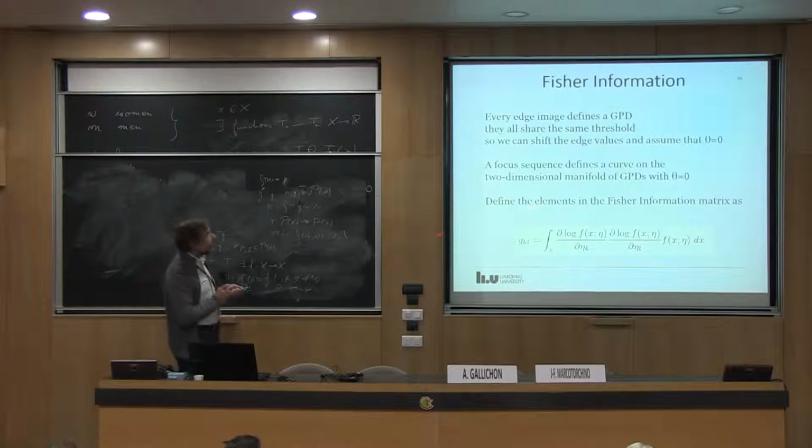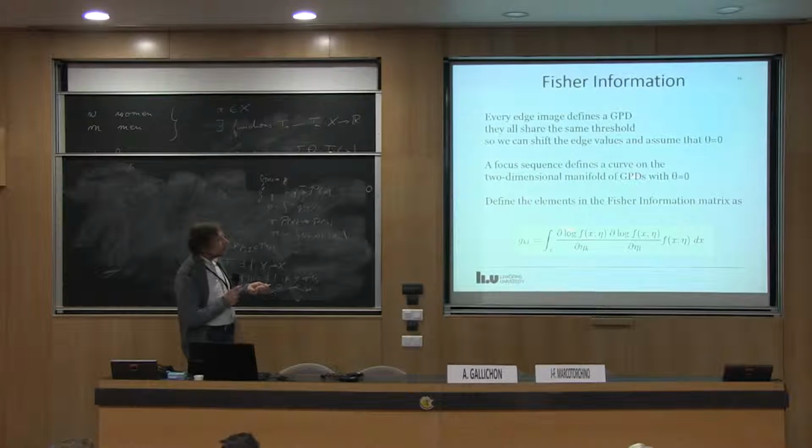One idea is that you can look at the Fisher information matrix for these generalized Pareto distributions, and then try to find out how the information in this information matrix is related to autofocus.